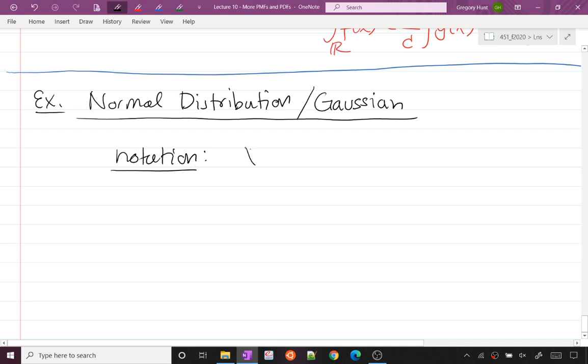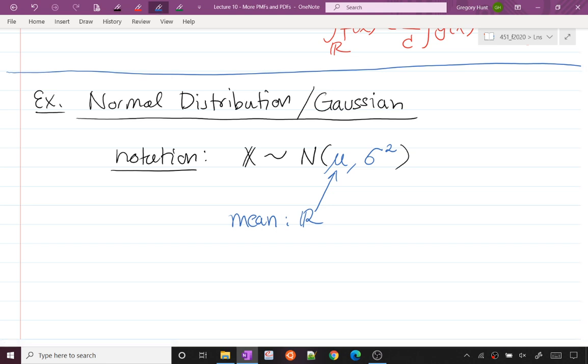Our notation is: x is distributed as N, for normal, and it has two parameters. Mu is some number in R, called the mean. The second parameter is sigma squared, called the variance, and sigma squared must be positive.